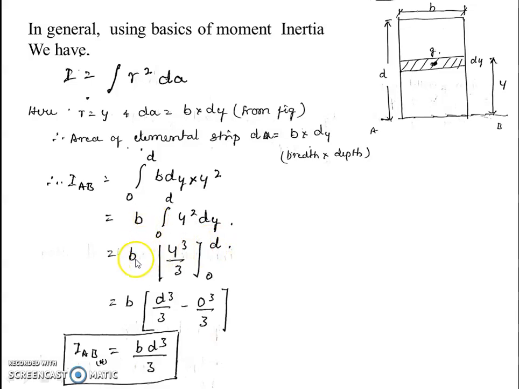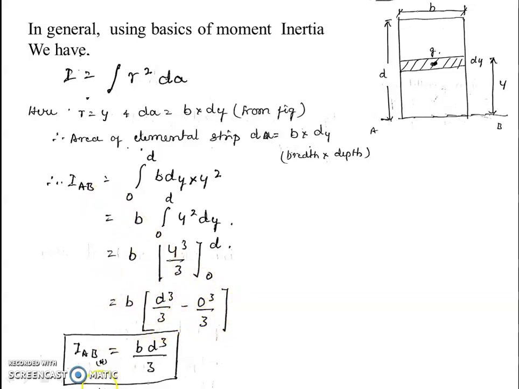I will write this equation in this form. Then I substitute D in place of y for the upper limit and 0 for the lower limit. Then the equation becomes b multiplied by D cubed by 3 minus 0 cubed by 3.